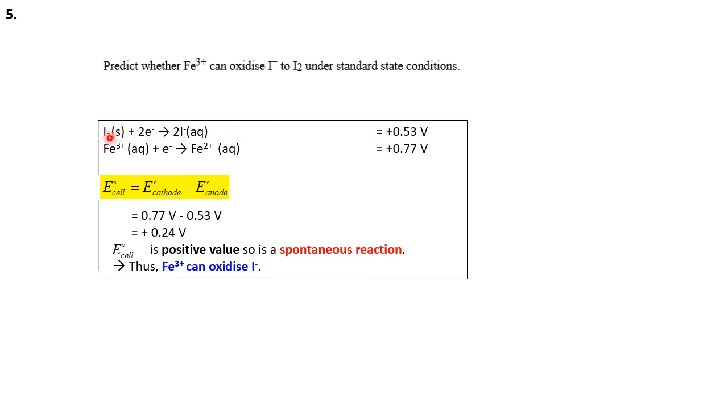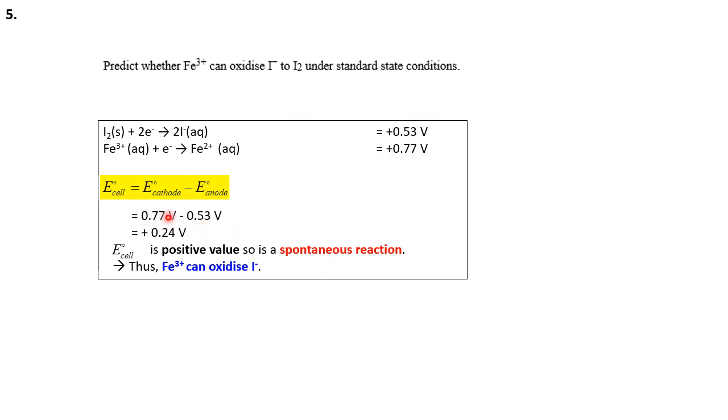Based on the list, iodine solid reduces to iodide with the value positive 0.53 volt, and then iron 3+ reduces to iron 2+ with positive 0.77 volt. Positive 0.77 is more positive, so this one is the cathode, and positive 0.53 is more negative compared to 0.77, so this is the anode.